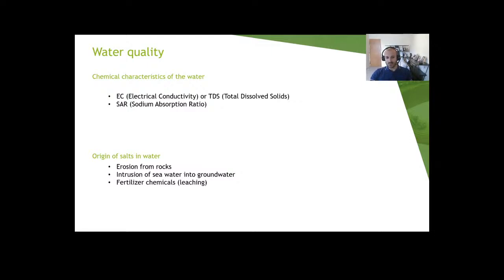But maybe you have a question, why are there salts in the water? First of all, because maybe you're close to the sea, so the seawater can filtrate in the ground and get into the groundwater, so it can contaminate the water with salts from the sea.